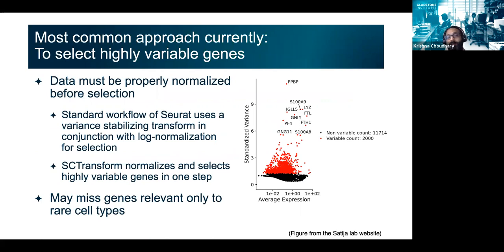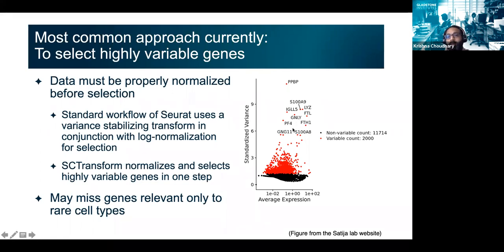And again, for that, there are various practices, but the most common, at least in my perception or experience, is that people are doing selection for highly variable genes, which means that you look at the variance of genes, the normalized expression values, and you select the top 2000 or 3000 or 500, a certain number of genes which you specify.